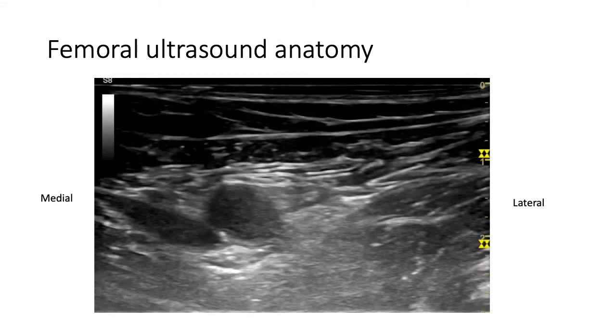Let's look at some more femoral ultrasound images. See if you can identify the structures. And here are the labels. The arrow indicates a projected needle path.